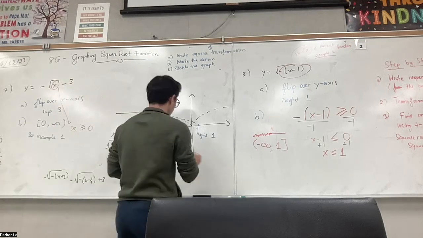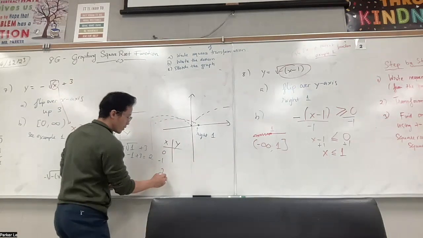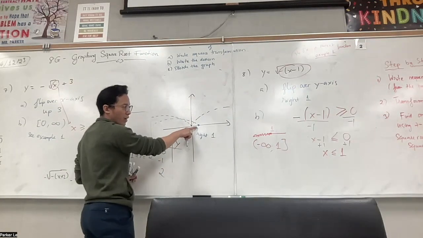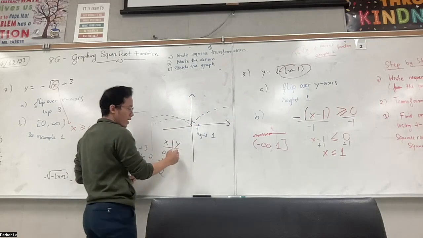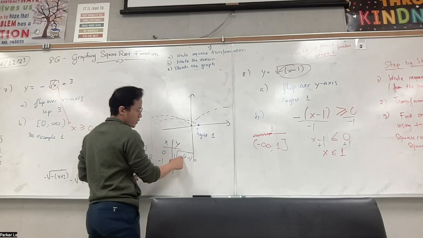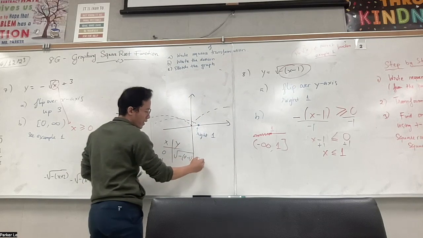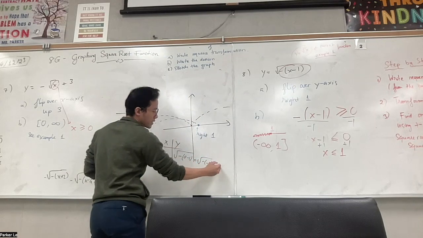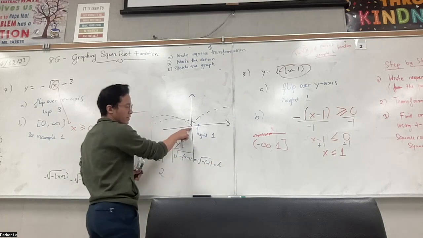Okay, let's try all of them. So you say 0, -1, and 2, you will see. You plug in 0, you're gonna get exactly the root. Because why? Because you have -0 minus 1. So 0 just gone, so you have minus -1, that is 1. So 0, 1.